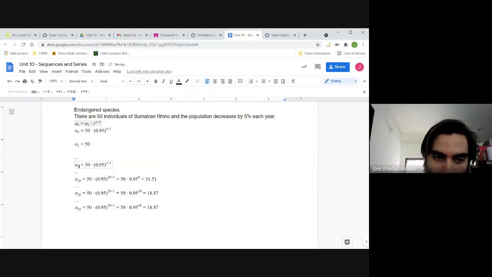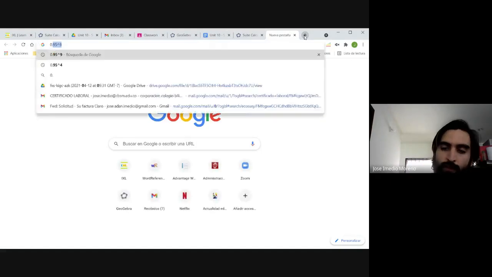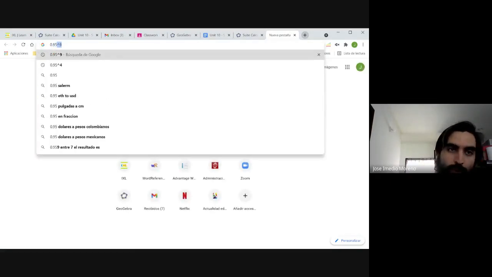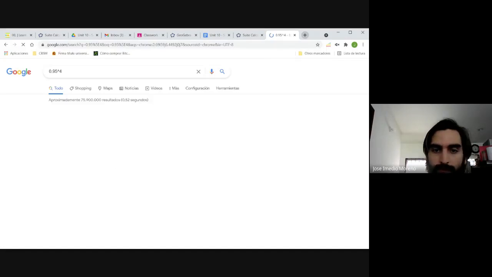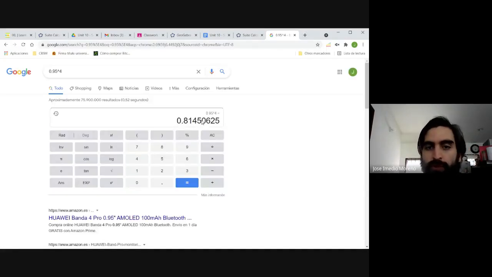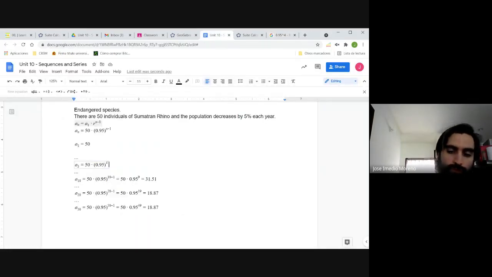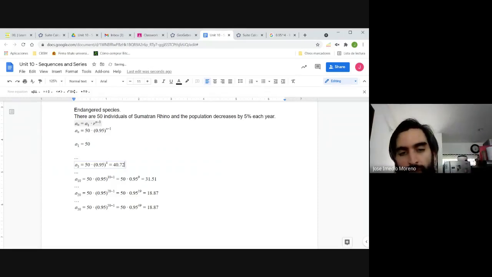A sub 5, this n becomes a 5, so this exponent is a 4, so let's just make 0.95 raised to the power of 4, which gives me this value times 50, so 40.72. 40.72 is the amount of rhinos after 4 years.